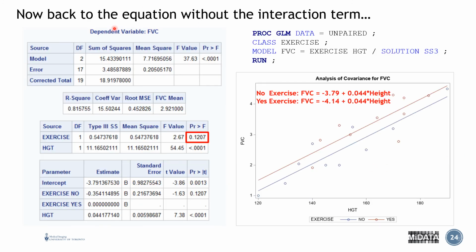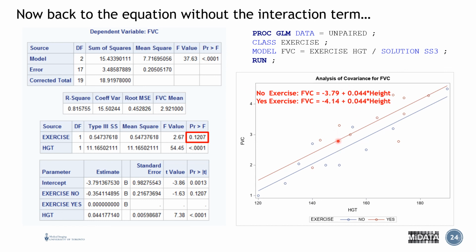So this is what we've done here in this model. We have, of course, FVC as our dependent variable, but as independent variables, we've only included exercise and height and not the interaction term, because we found that the interaction term is not significant. When we do this, and we look at, for instance, the graph of the output, you have, yes, once again, the two straight lines, and their equations, which we just calculated in the previous slide.